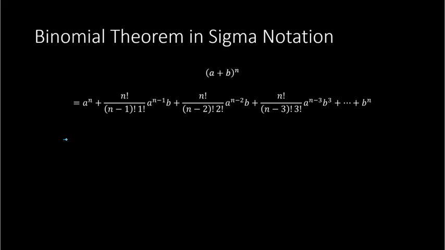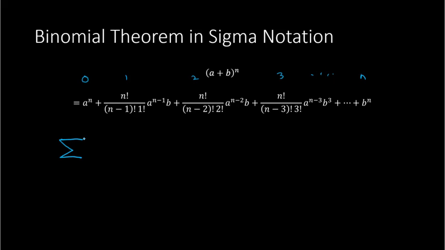If we want, we could write this as a sum, and we want to start it off with 0. It's like the 0 term, and then 1, 2, 3, etc., all the way to n.